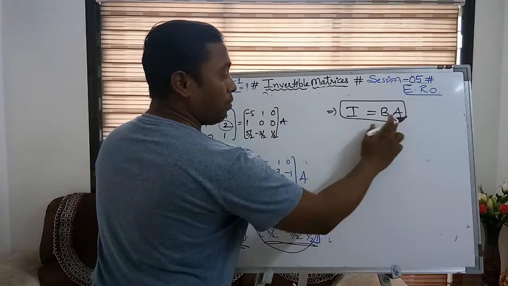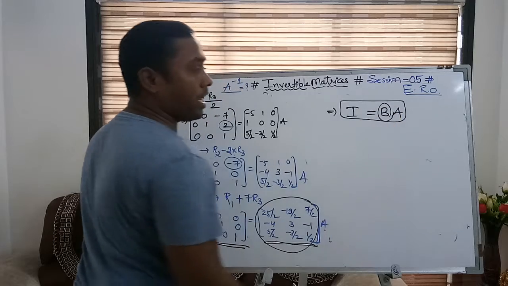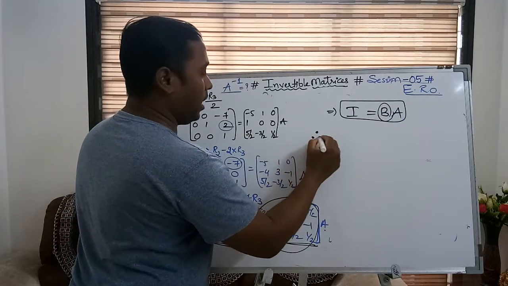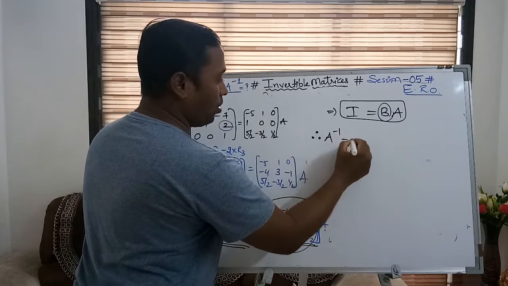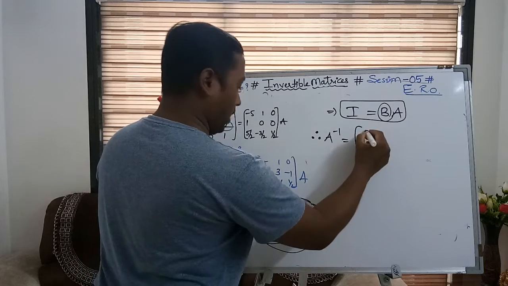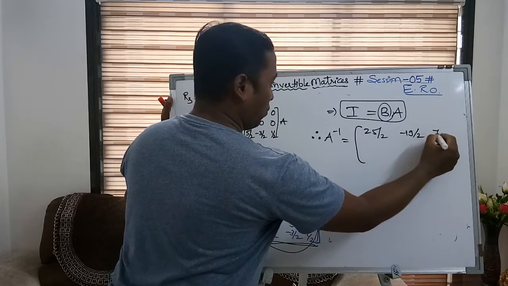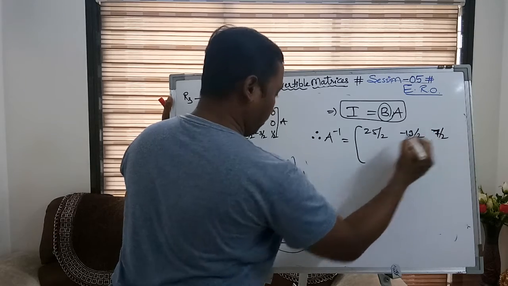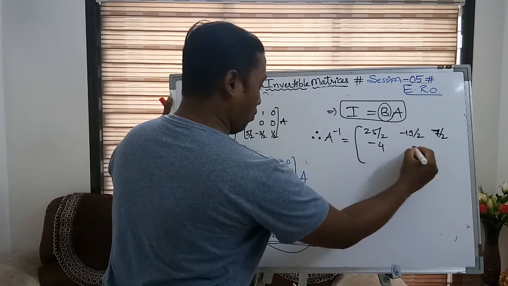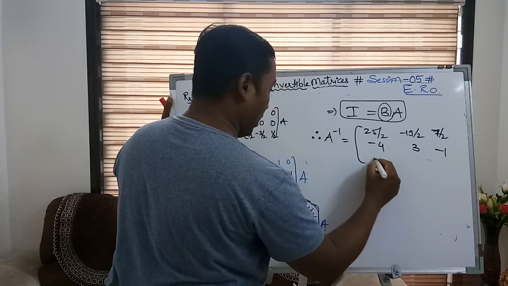Hence I is equal to B into A, hence B is called the inverse of A. Therefore A inverse is written as the matrix 25 by 2, minus 19 by 2, 7 by 2, and minus 4, 3, minus 1, 5 by 2, minus 3 by 2, 1 by 2.